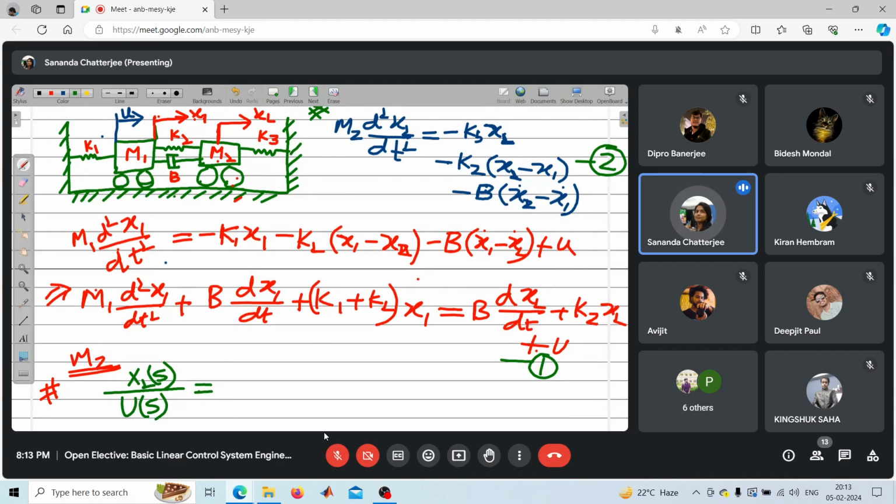If we are interested in the x1 output, then we can also take x1s by us. So if we take x1 as output, we will get one transfer function, and if we take x2 as the output from this u, we will get another transfer function. But we want to capture the whole dynamics of the system. In this case we are taking x2 as the output, so we will take the transfer function as x2s by us.